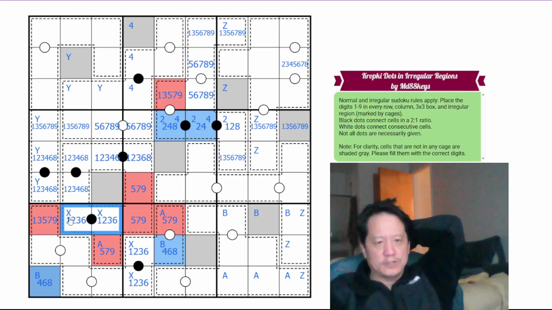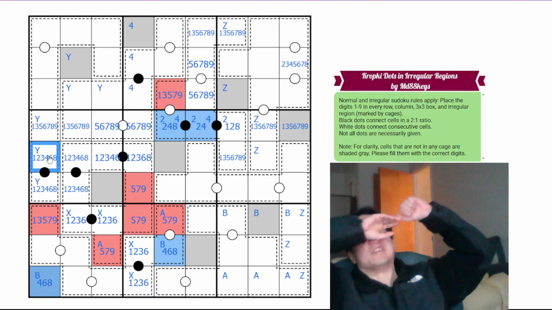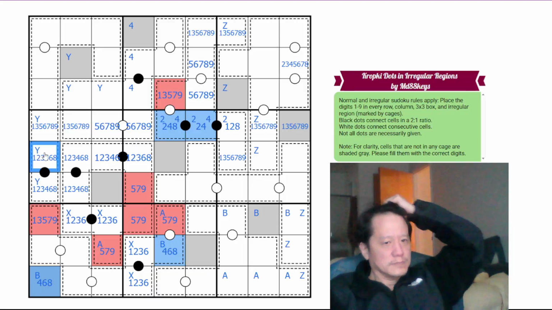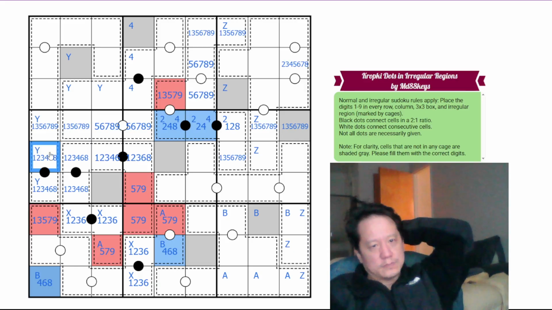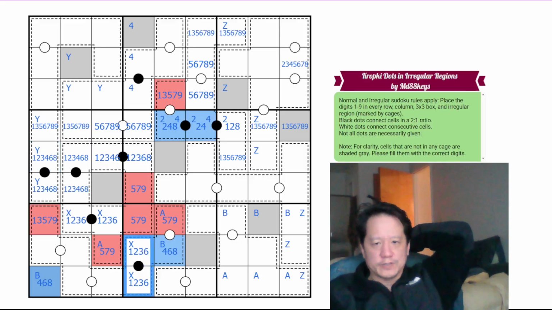Interesting. So these two digits cannot appear anywhere in these. So one of these two must be that digit there. So let's mark this as green.